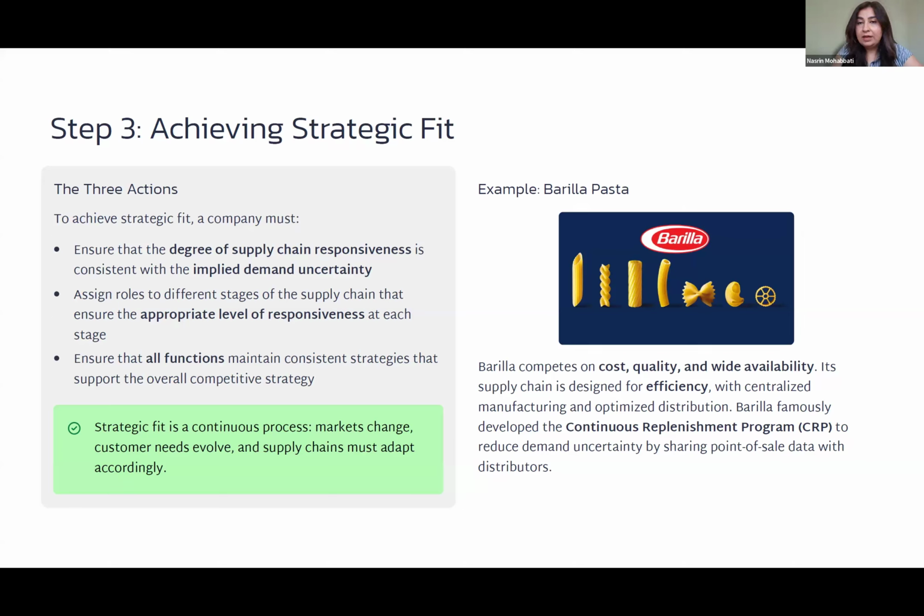An example is Barilla Pasta. They achieved a strategic fit because they wanted to be widely available with good quality and low cost, and they are continuously working on their processes to make sure that they deliver on their strategic fit.